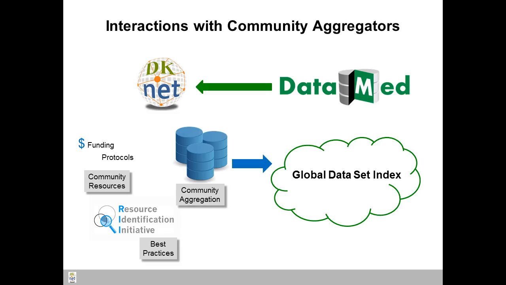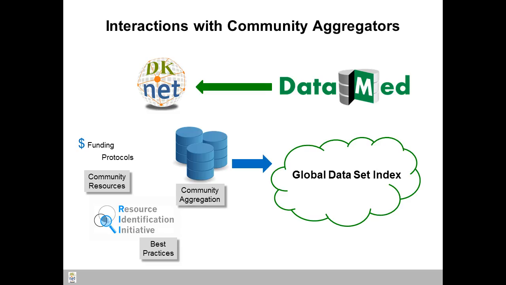So, as I mentioned, there are a number of different types of resources that dkNET aggregates. Information on community-based resources that we collect can then be fed to, for example, DataMed, so that it makes it easy for some of the community-developed resources to interact with these larger scale resources where they might not have the funding to do all that's necessary to shape the data appropriately to be represented in the index.